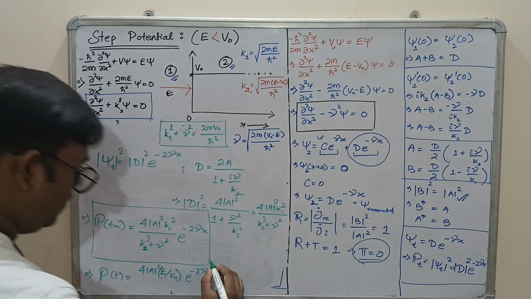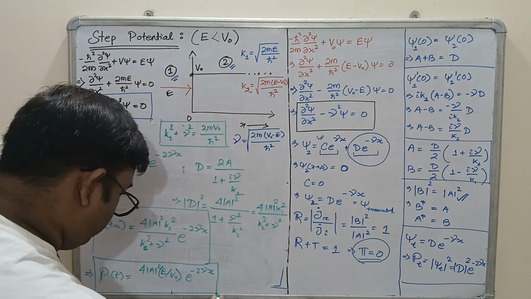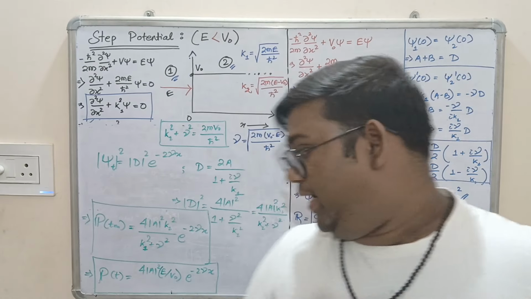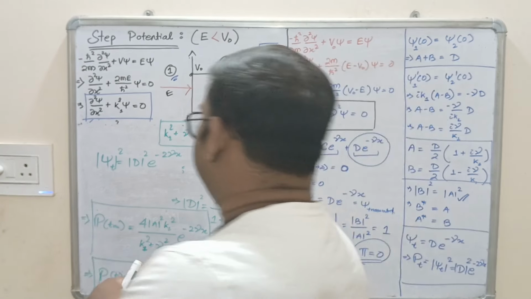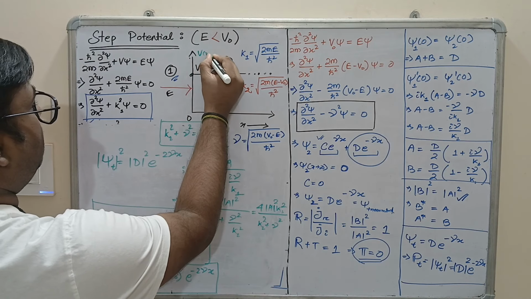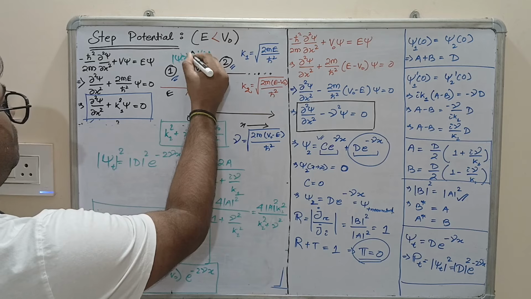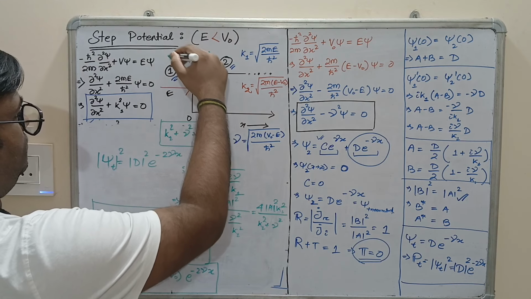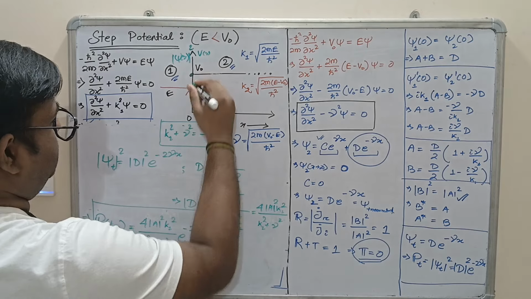All right. This tells you that the probability density of the particle is decreasing exponentially when you enter the surface. So this is the potential V(x), right? Let's say I draw a wave function, the probability density. This is the point of propagation.